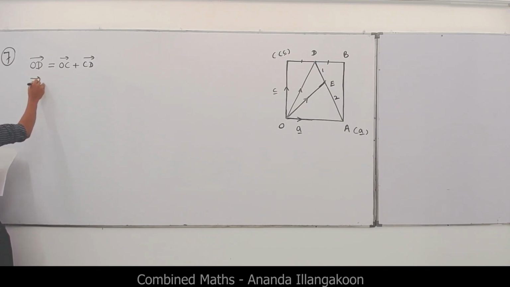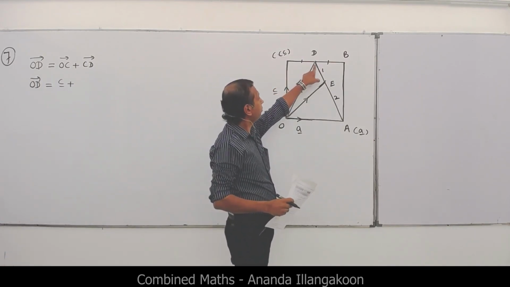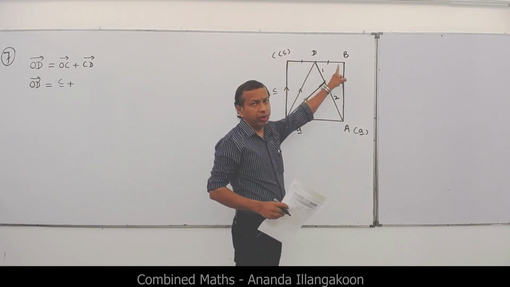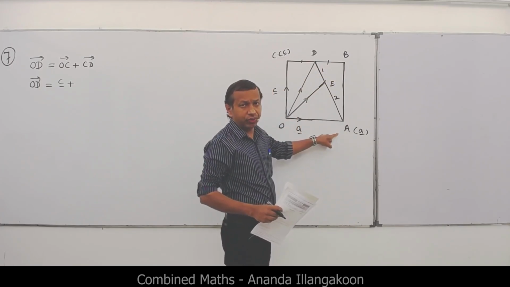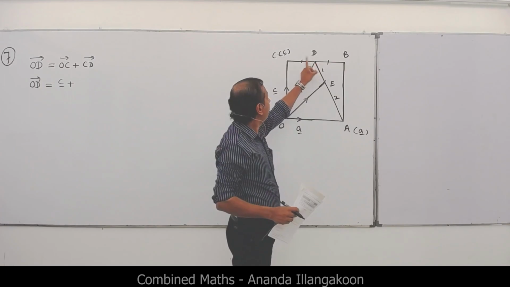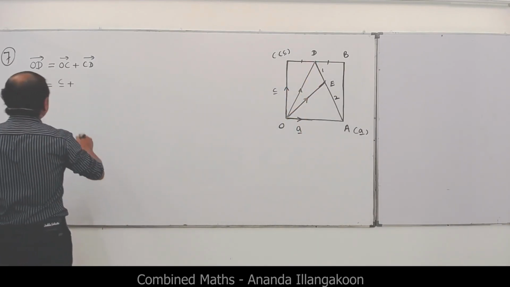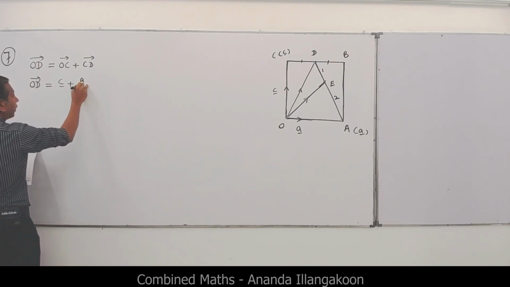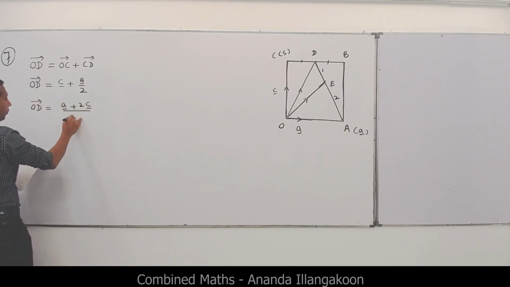OC vector is simple C. CD vector means, since D is the midpoint, this CB vector is equal to OA vector. That's a well obvious thing. Since D is midpoint, CD vector is going to be A by 2. Then OD, the position vector of D, is A vector plus 2C vector by 2.